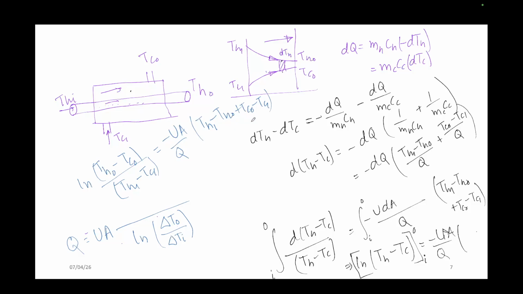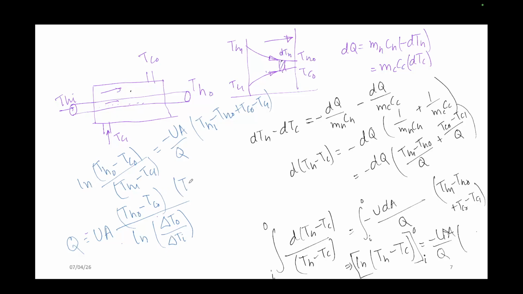If the minus sign goes here, you observe this will become Tco. Minus minus is plus, this one is minus, again this one is minus, this one is plus.